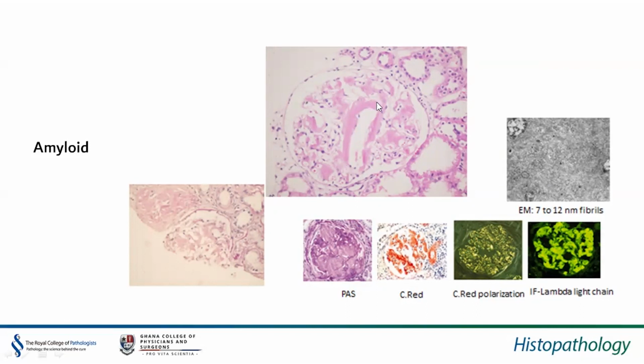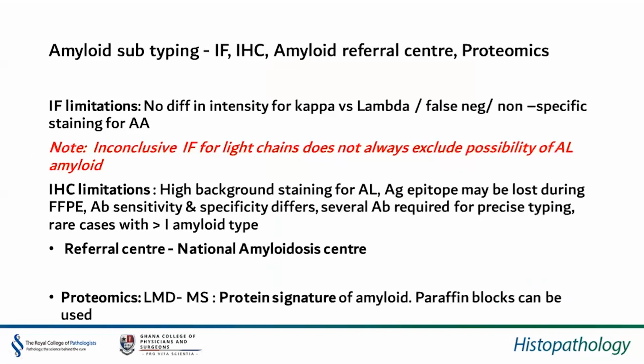Here it is seen on the wall of the arteriole and in the mesangium. It is PAS negative, Congo red positive. Congo red polarization shows apple green birefringence. And on immunofluorescence, it shows lambda light chain staining, which makes this an AL type of amyloid.